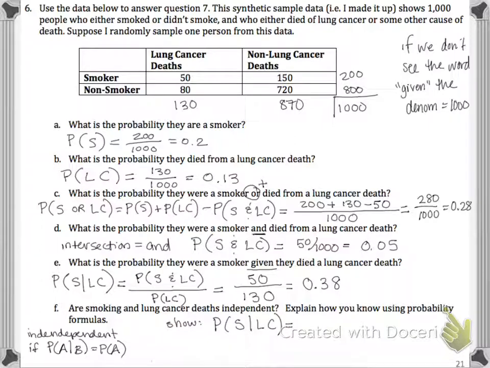If we equate smoking to event A and lung cancer death to event B, then we have to show that this is equal to the probability that someone was just a smoker.